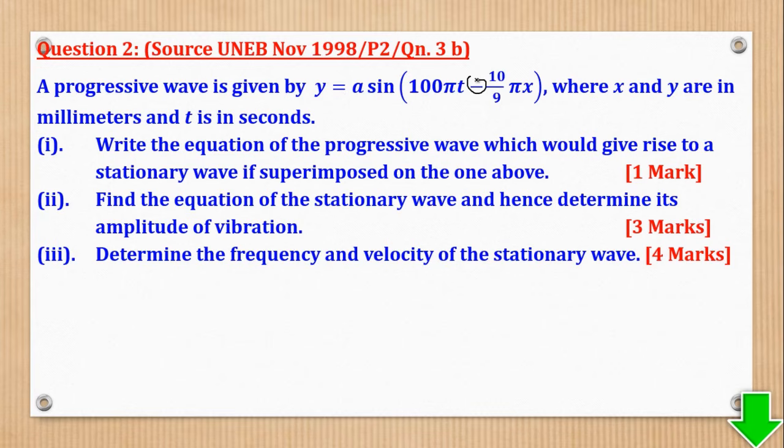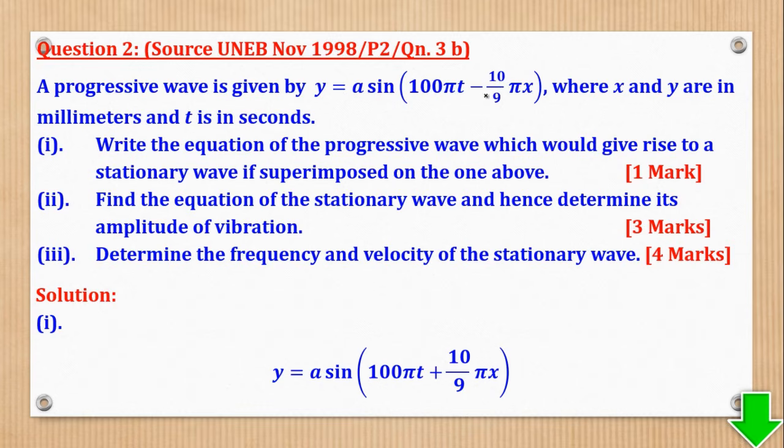So here it was minus, meaning the new wave will have plus. As simple as that. So you come and say that, write the equation with a plus. Then for 2, they wanted the equation of the stationary wave and the value of the amplitude.